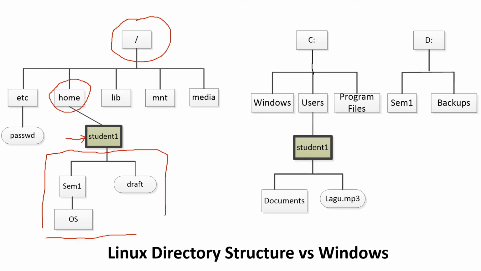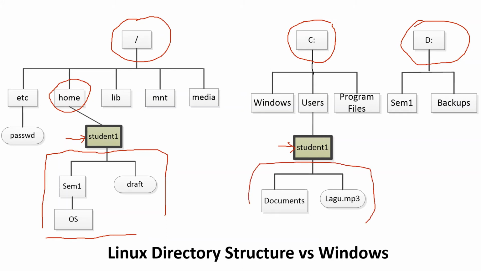On the right hand side, it shows an example of the Windows directory structure, where we could have more than one top directory. In the example, I'm giving you the C drive and also the D drive. With the same username, student 1, when they log in, they will have their own workspace.